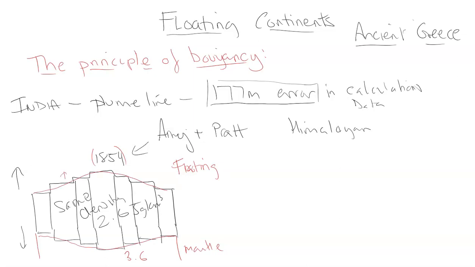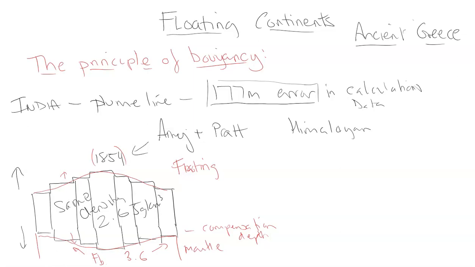So the higher the elevation, the deeper it would sink down into the asthenosphere mantle to reach the compensation depth. And the material is pushed this way, and the buoyancy force would be equalized.